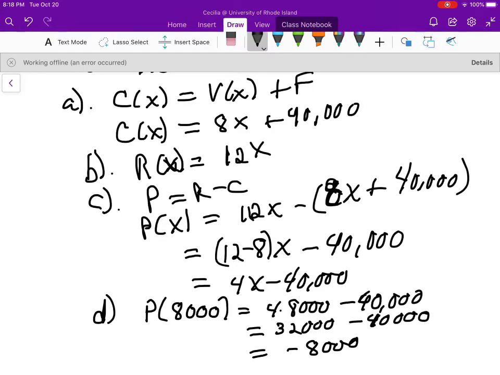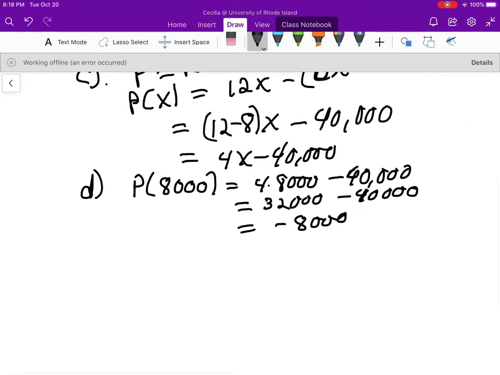So the loss when we produce 8,000 is a loss of $8,000. And this doesn't say explicitly, but I'm going to assume it's for a month.